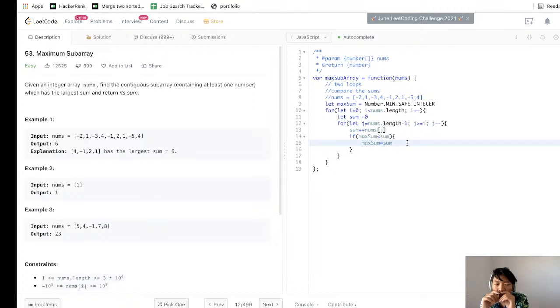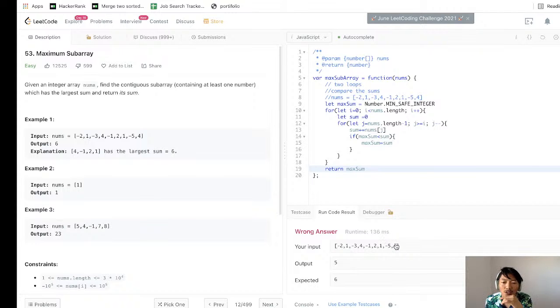Should sum be zero? Nah, not. Okay, so this is what I think the solution is. So let's return maxSum and run the code.